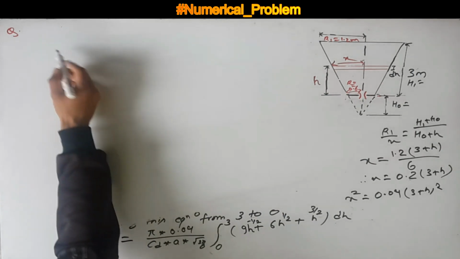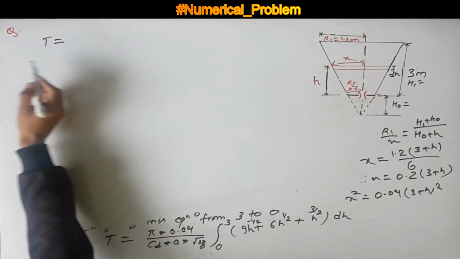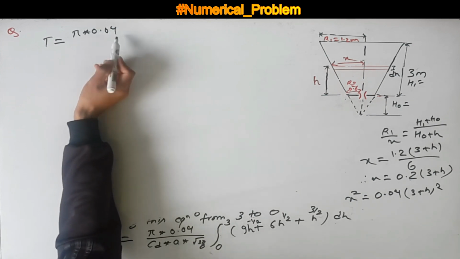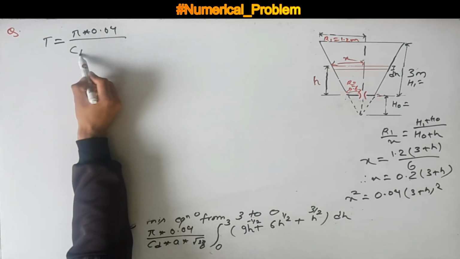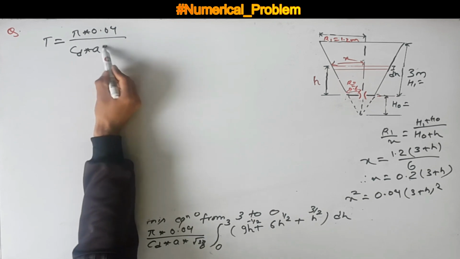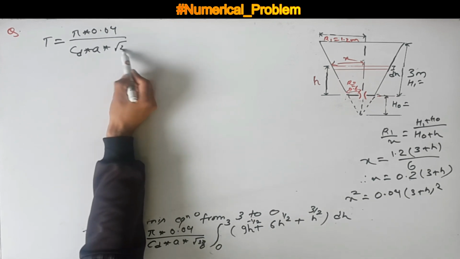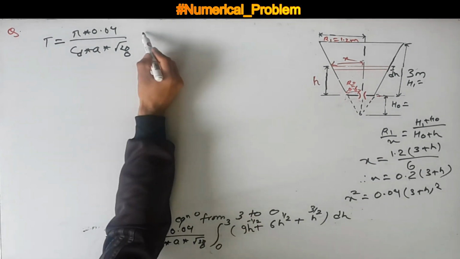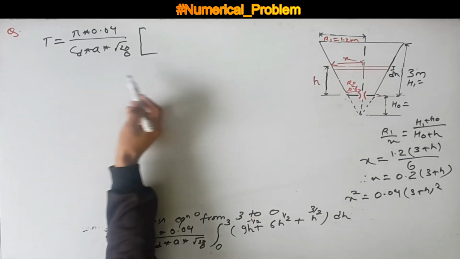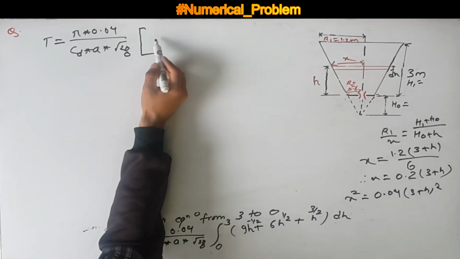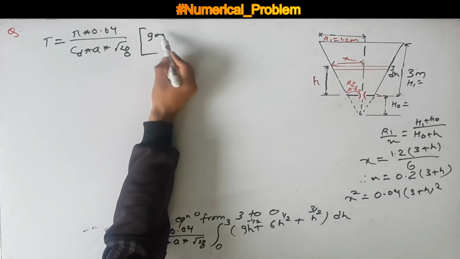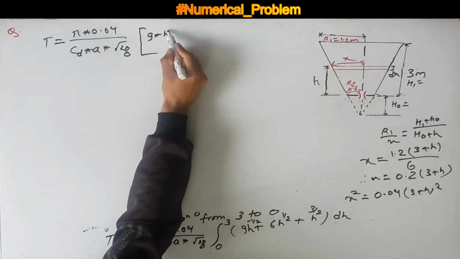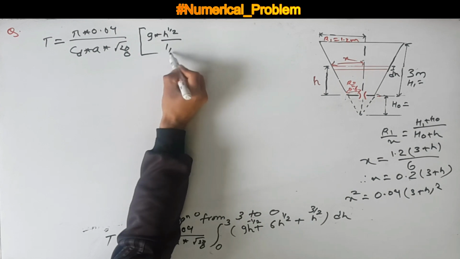When you integrate this equation, t equals this constant pi into 0.04 upon CD into area, small a, into root under 2g, and we have to integrate this only. So when you integrate this, this is 9 into h to the power minus 1 by 2 plus 1, which is h to the power 1 by 2, upon 1 by 2.